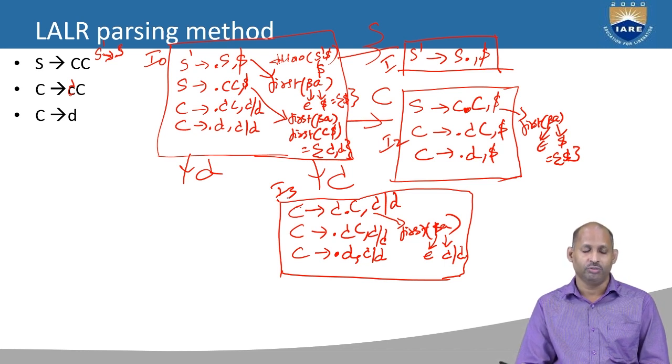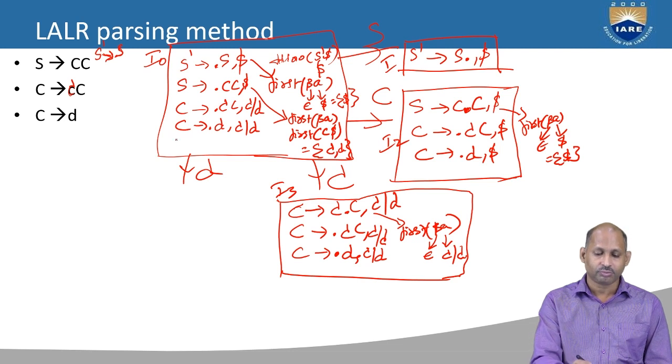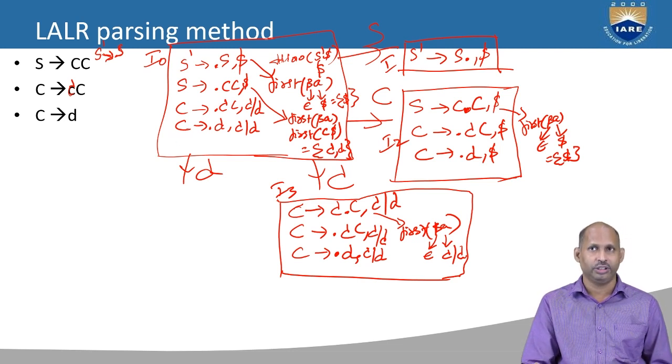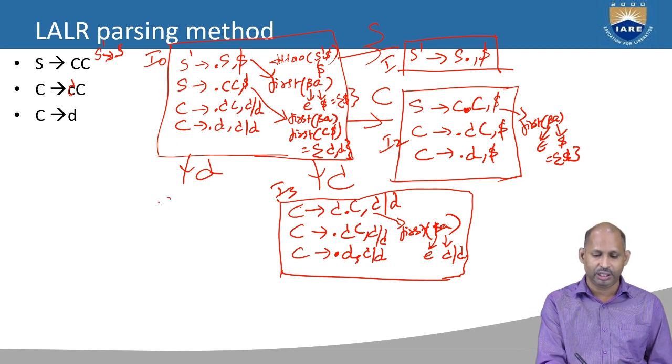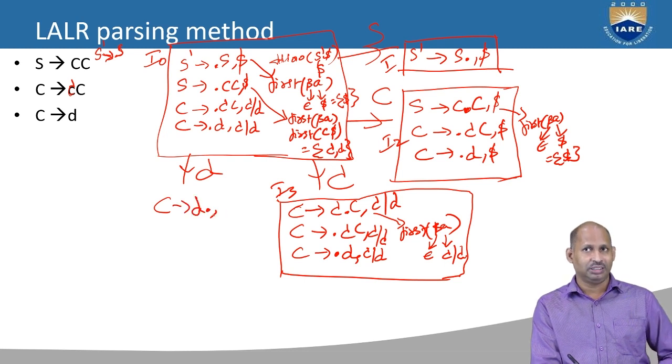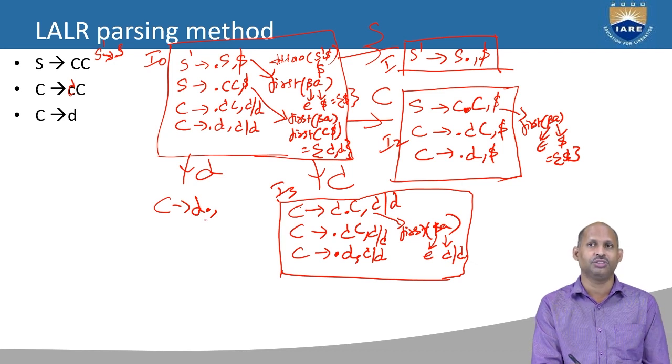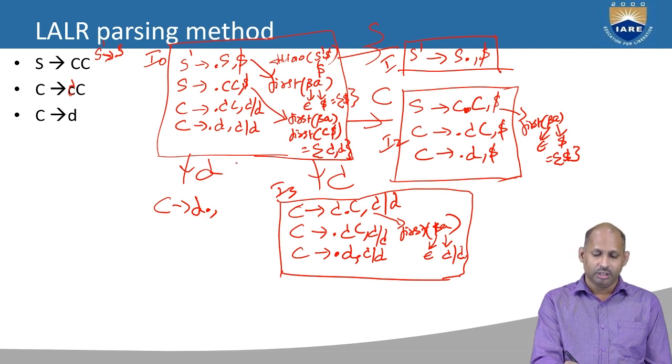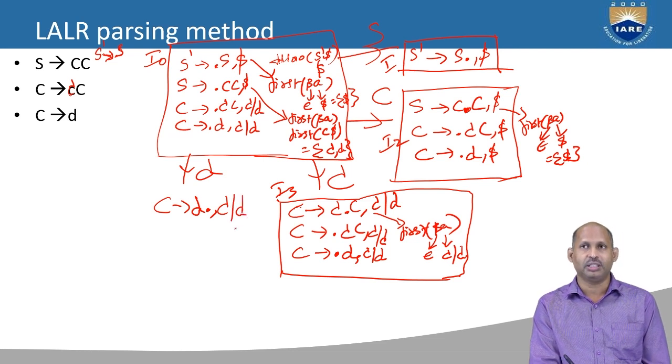Right? Now, on D, C gives D dot. So, simply C gives D dot, as C gives dot D becomes D dot. This one has the same symbols.